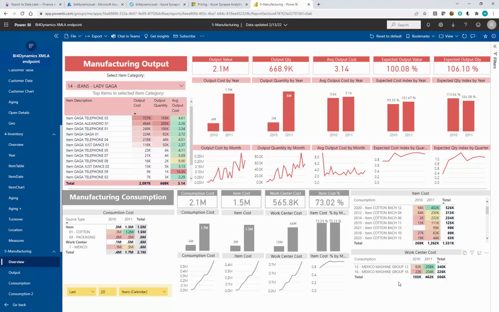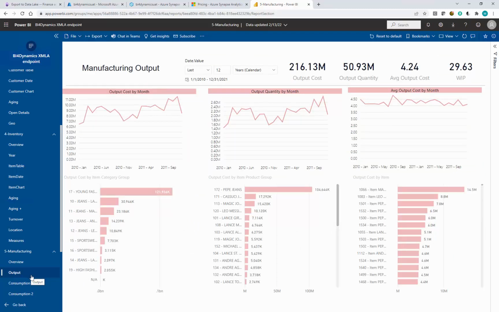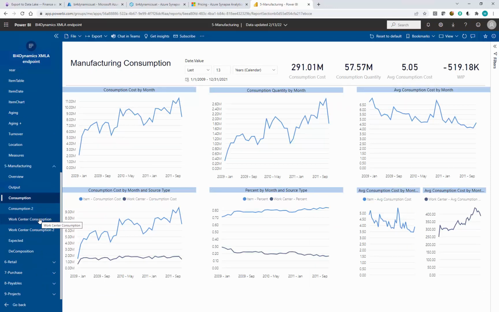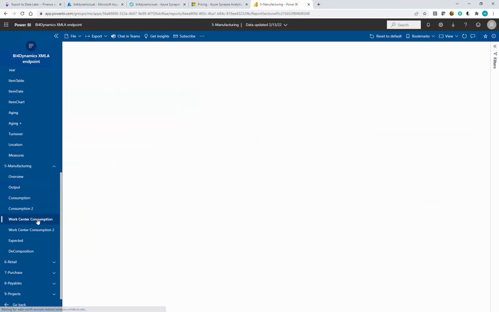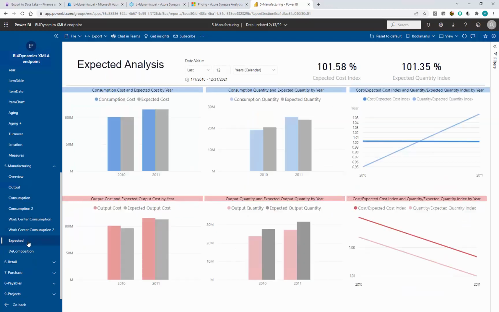So at any time we know what was the produced cost, what we have produced, what the trends are, and how the capacities are. We can go to the equipment efficiency and everything that is in the manufacturing, really a lot.